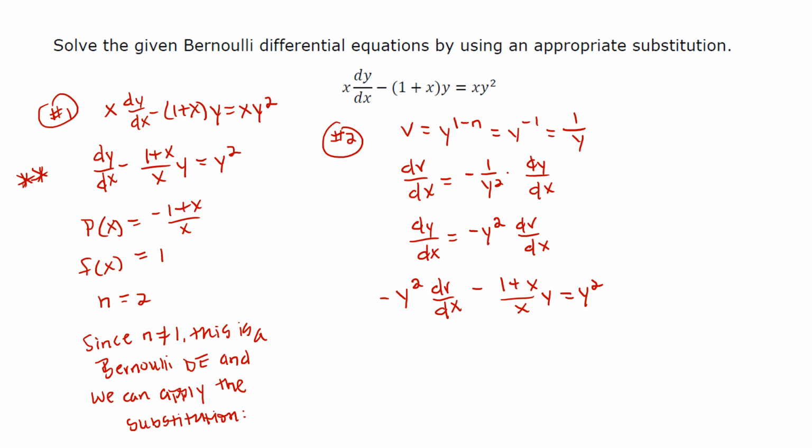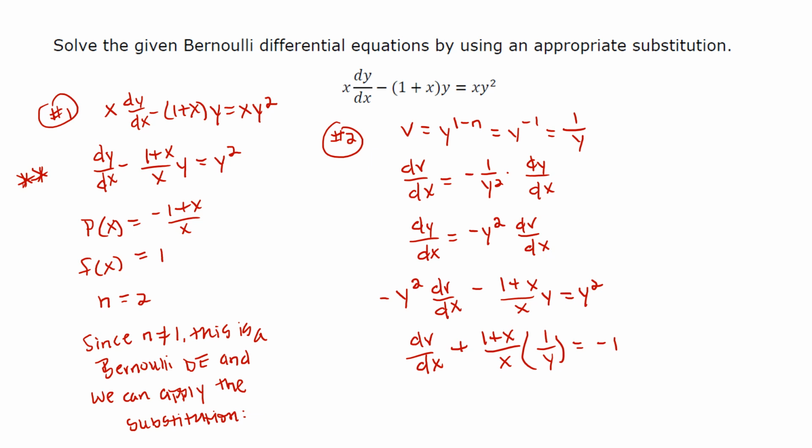Okay, now I can divide everything by negative y squared, so I'll get dv dx isolated. So I have dv dx plus 1 plus x over x, and this will then be times 1 over y when you simplify, equals negative 1. Okay, and so that's step number 2. Step number 2 was to use substitution and rewrite the equation and simplify.